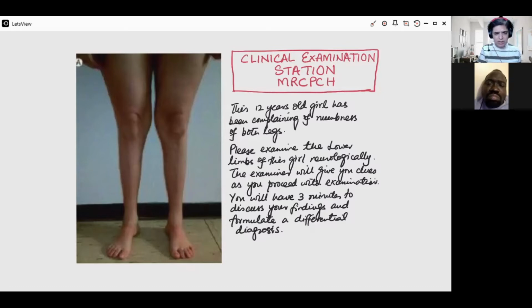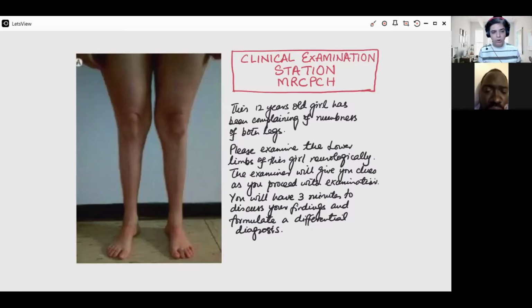Anyhow, in inspection, if you look at the feet, there is some degree of pes cavus as well, high arches of the feet.